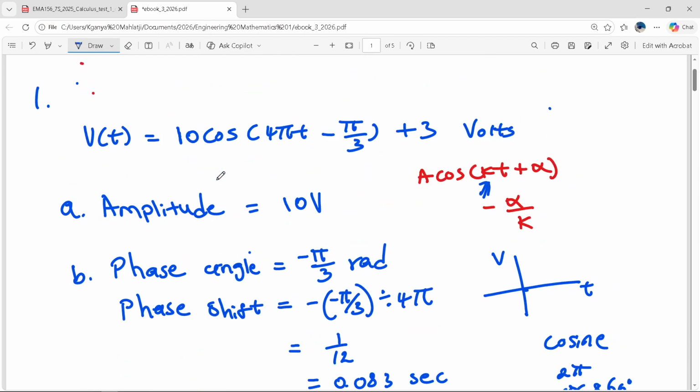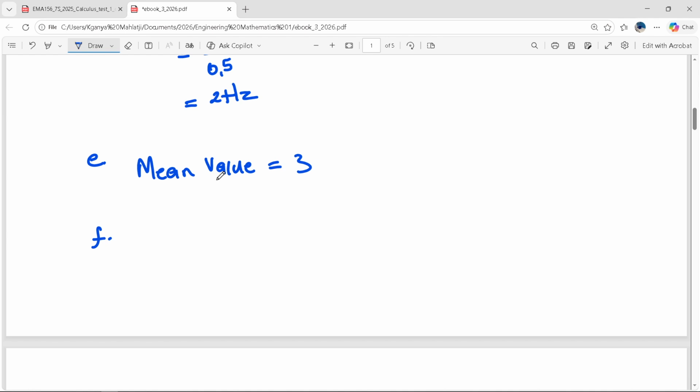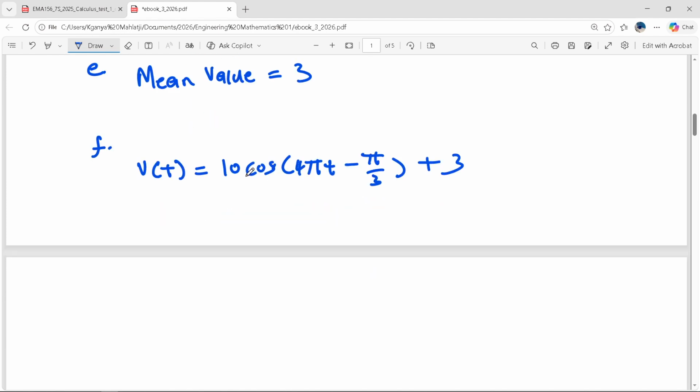The function V of t equals 10 cos of 4 pi t minus pi over 3, plus 3, volts.